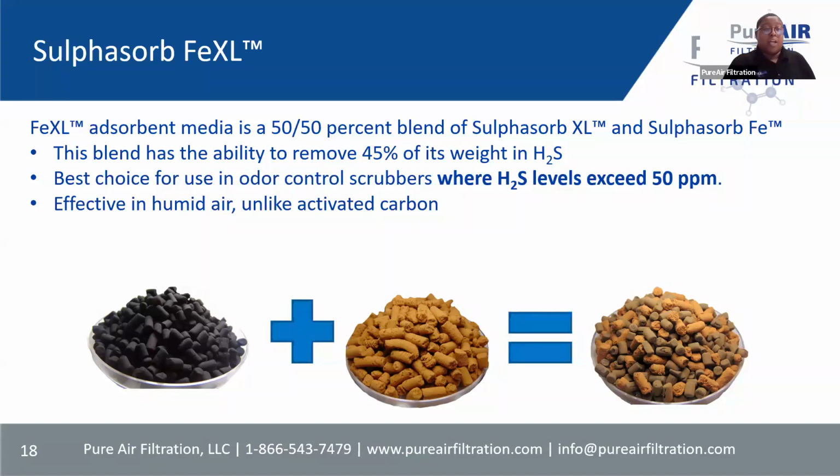This is a combination of our Sulfazorb FE and our Sulfazorb XL. It's also great in high humidity applications, because the iron oxide in the Sulfazorb FE prefers that humidity. It uses that humidity to help with the reaction between the iron oxide and the H₂S.